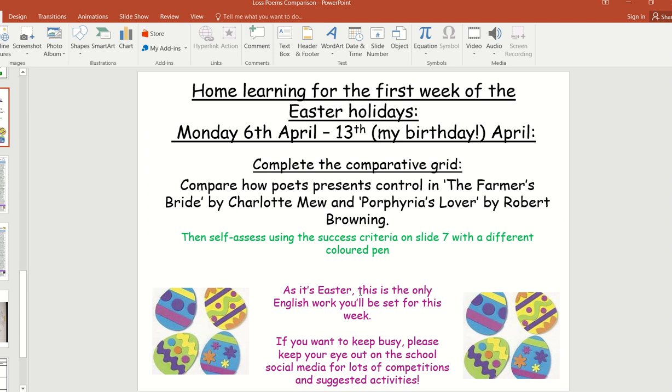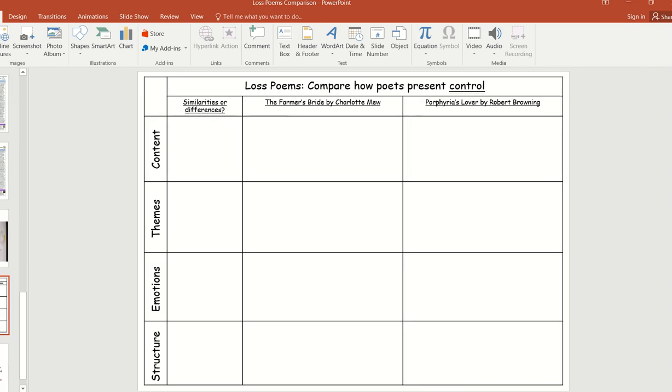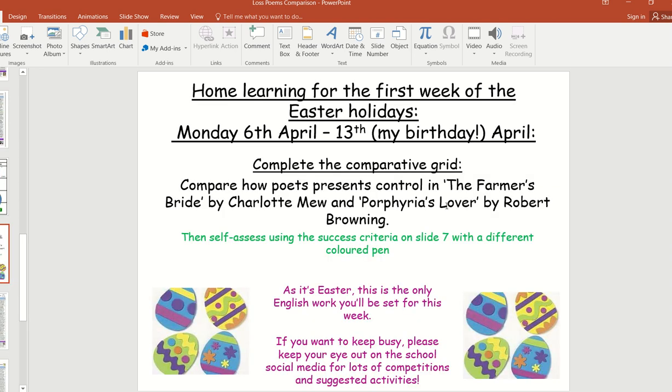Because it's Easter holidays, this is the only English work that I'm going to be setting. And that is to complete another comparative grid, but this time you're going to be comparing how poets present control in The Farmer's Bride and Porphyria's Lover. And then when you've completed that grid and you've got the template here, what I would like you to do is self-assess it with the success criteria, please.